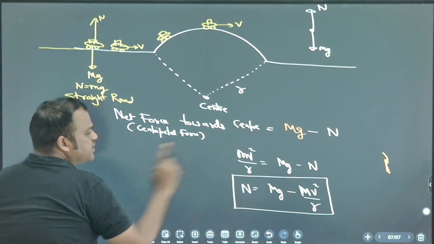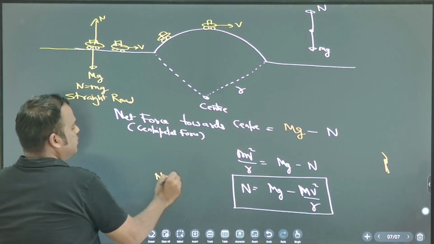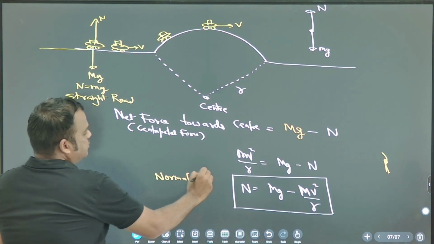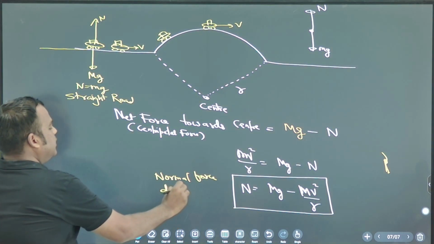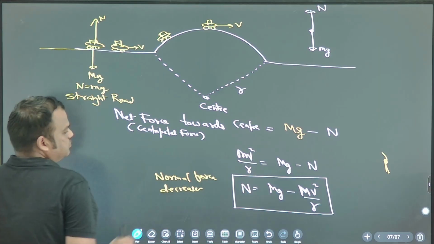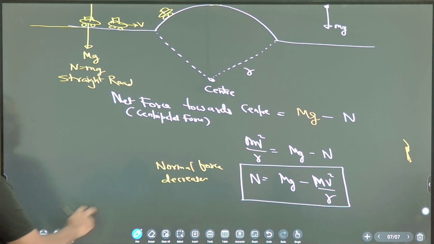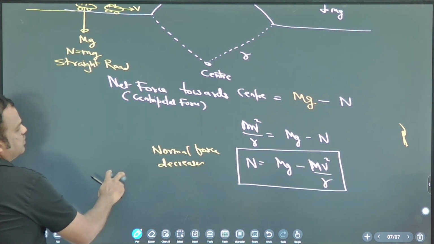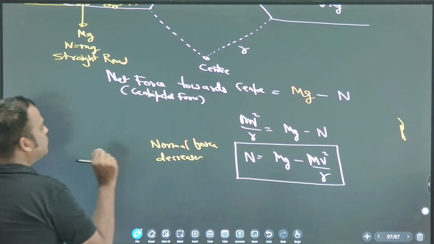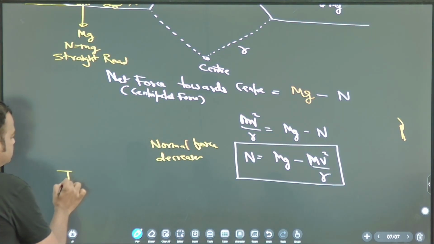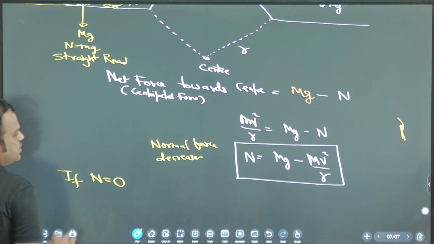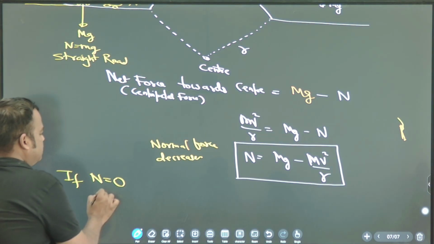So normal force decreases, no doubt. Now, what is the speed so that normal becomes 0? If normal becomes 0, then what is the speed?